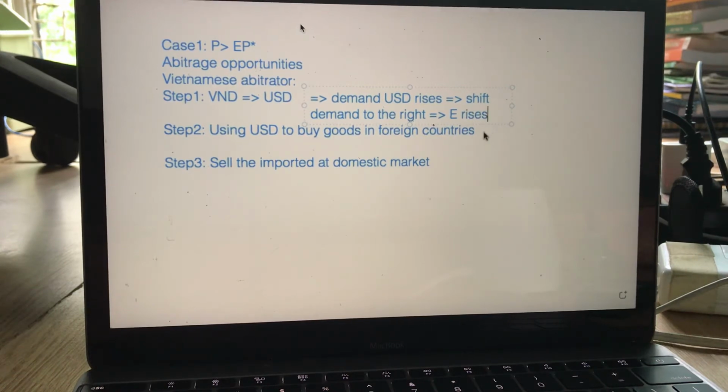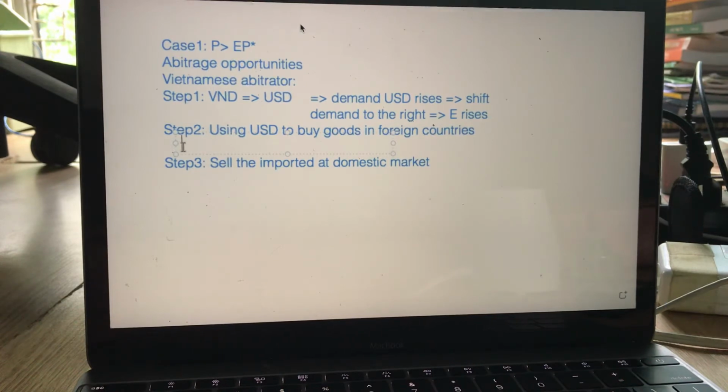In step two, when we buy the foreign goods, what happened? Nguyễn Phương Thảo, please.